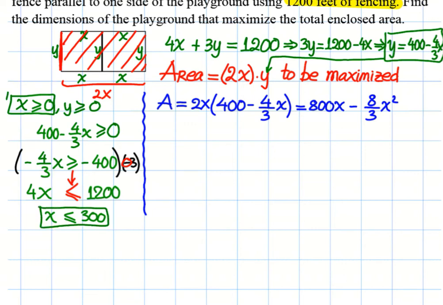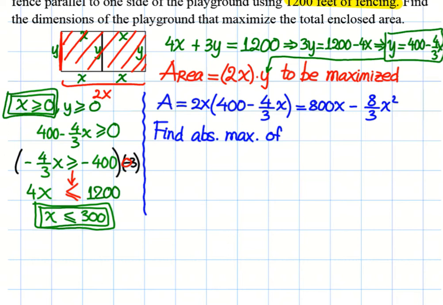Combining these, our problem is to find the absolute max of the function 800x minus 8 over 3 x squared on the interval x greater than or equal to 0 and less than or equal to 300. So that is our problem.